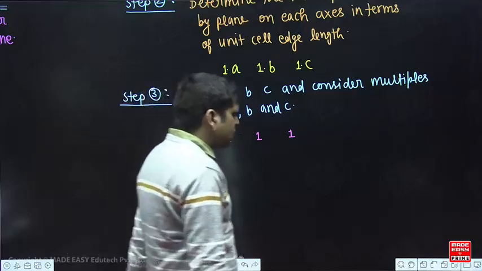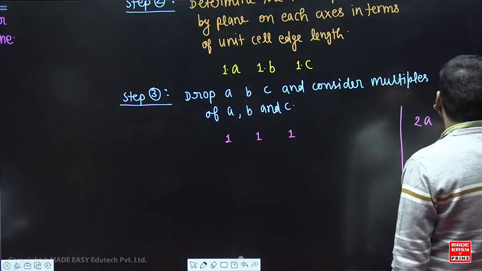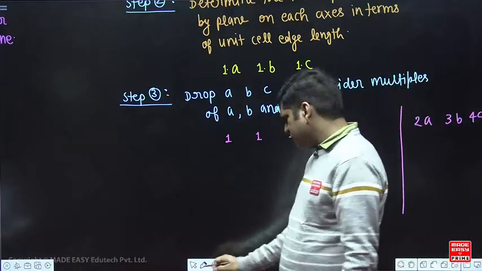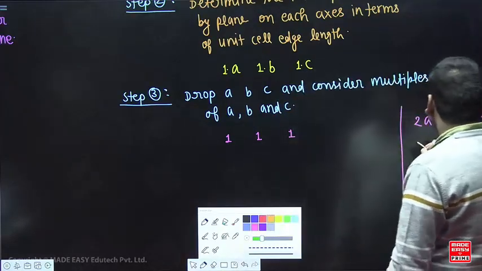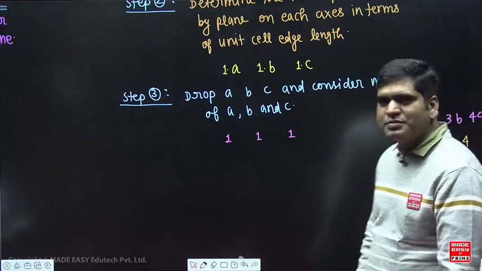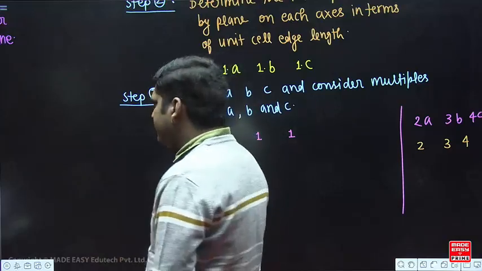It can be anything also. Let us suppose it can be 2A, 3B, 4C. He may give you these are the intercepts. Then the multiples will be 2, 3, 4. This can be the multiples, right? So, he may give you what are the various intercepts made by the plane.